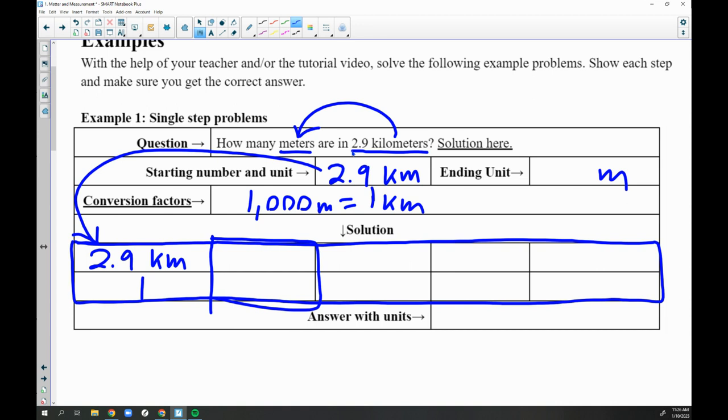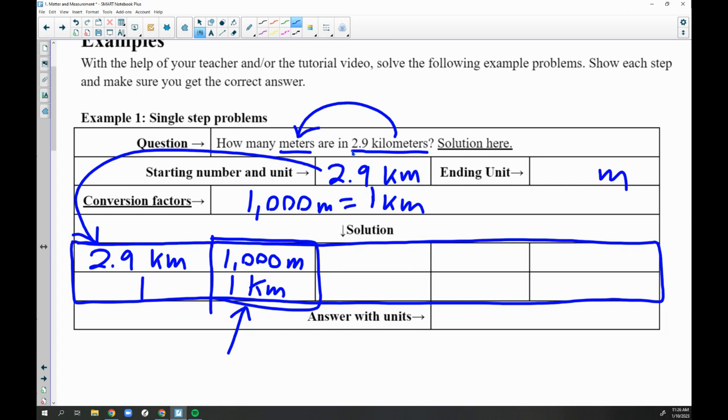It depends on what we're trying to do. So what are we trying to do in this case? We're trying to cancel kilometers and convert to meters. So what do I want to put on the bottom of this fraction right here? I want to put kilometers on the bottom. And it's 1 kilometer. Sometimes people try to put 1,000 kilometers or something. And it's 1 kilometer equals 1,000 meters.